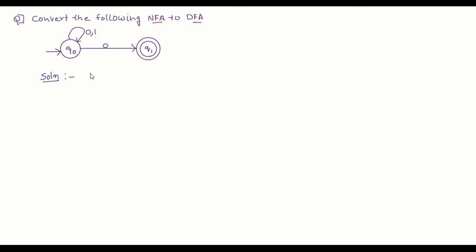We begin by saying let M1 equal to Q1, sigma, Qi, A1, del 1 be the resultant DFA.